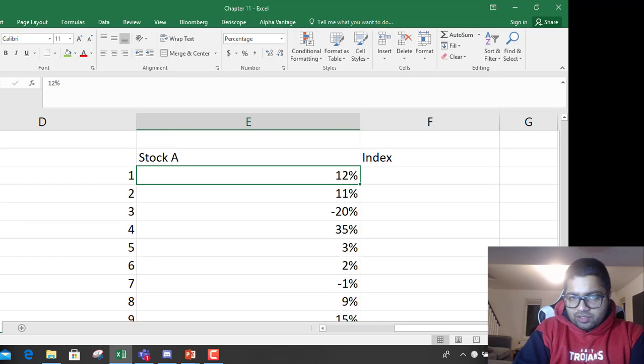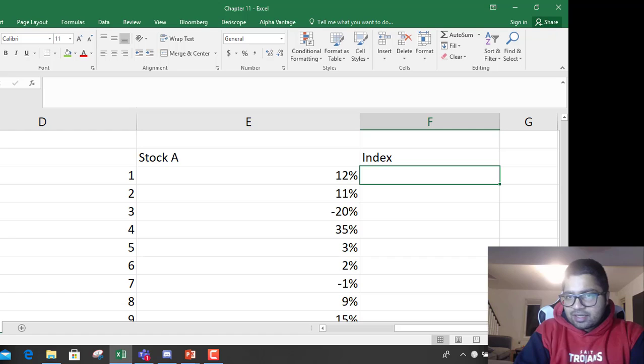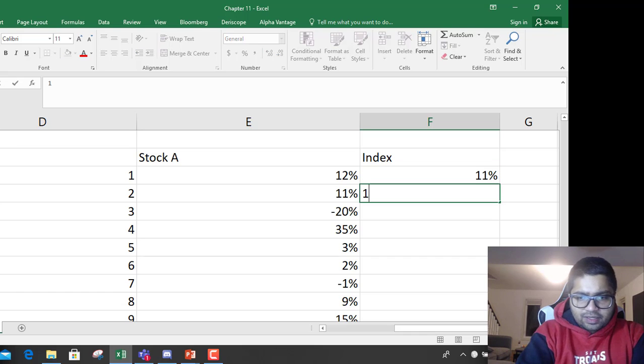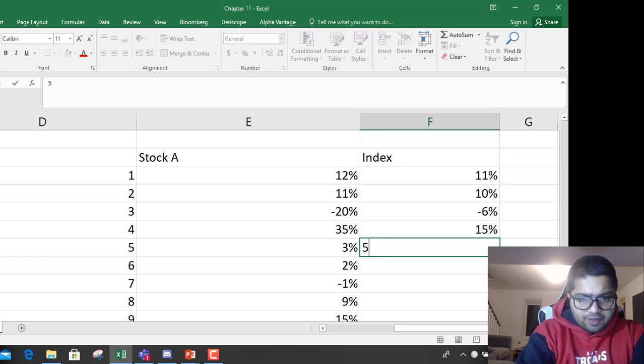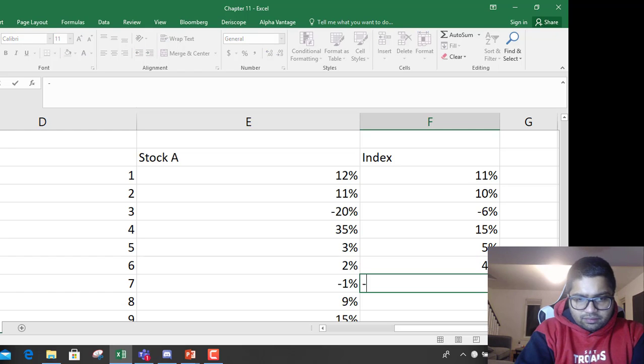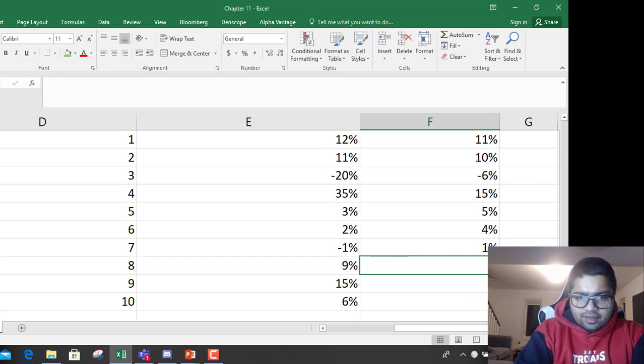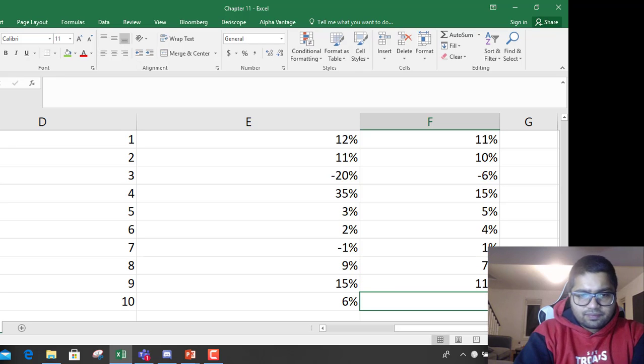And index returns are also known. So you will plot stock returns and then you will also plot index returns. Index returns, let's say 11%, 10%, minus 6%, 15%, 5%, 4%, then 1%, here it is 7%, 11%, 3%.